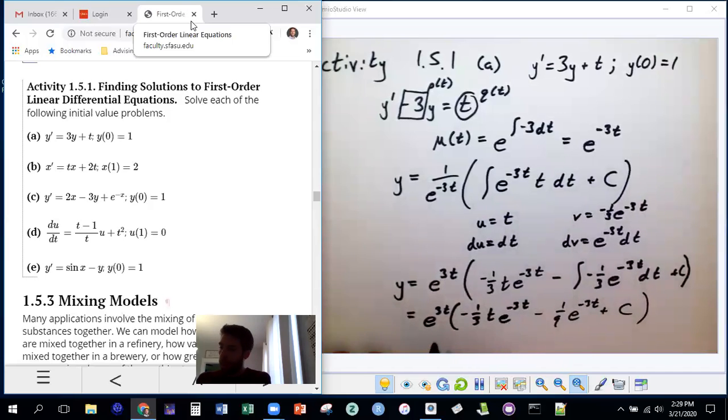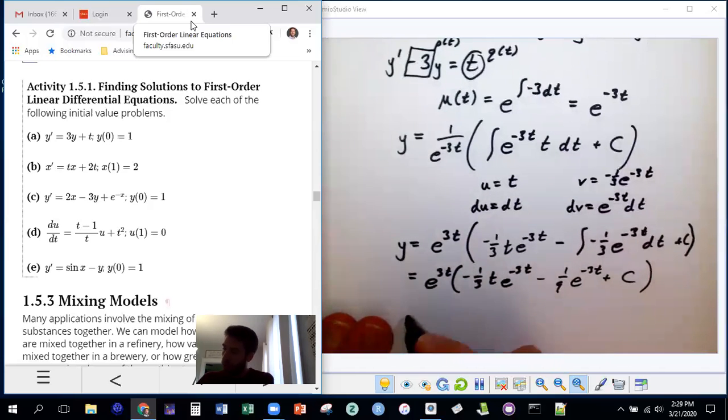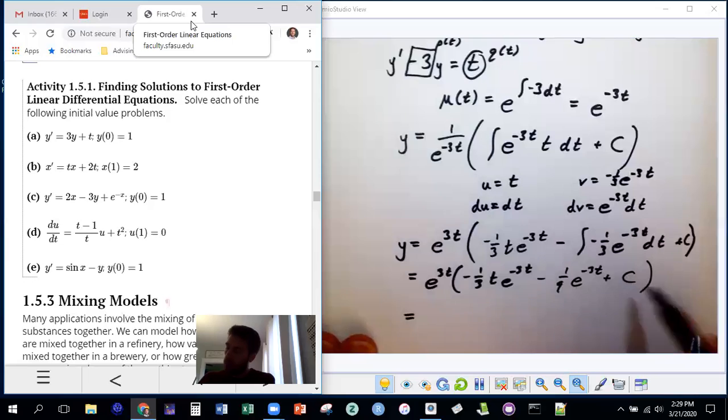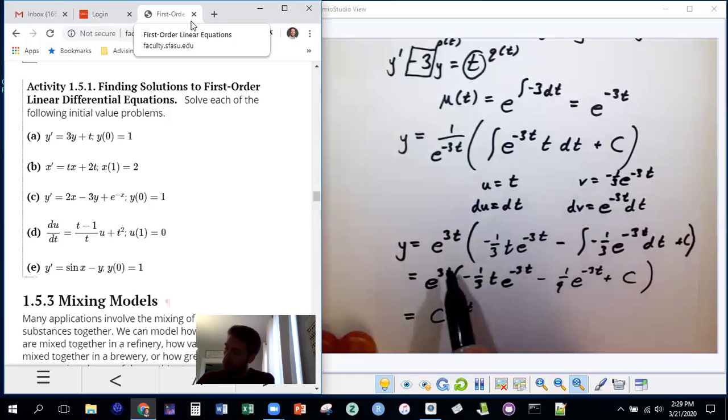Okay, well, multiply e to the 3t through, and I'll move the c out front. So c times e to the 3t, and then the e to the 3t and negative 3t cancel out, so then minus 1/3 t minus 1/9.